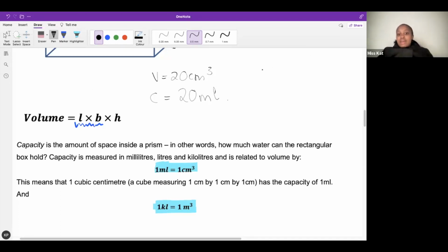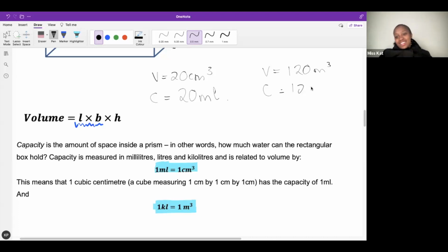And then if I say my volume is 120 meters cubed, then my capacity will be what kiloliters? It's very hard to change the units. Wow.